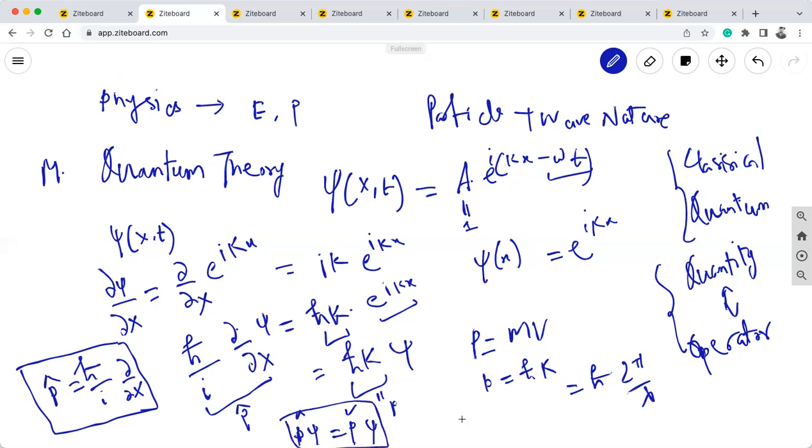Similarly, if you do the derivative with respect to time, del t of chi, it's homework. Try this and try to answer what this quantity is. You will find that it is the energy.